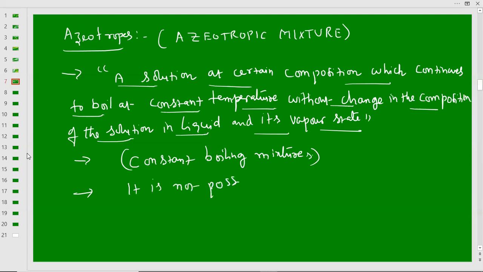It is not possible to separate the components by fractional distillation.